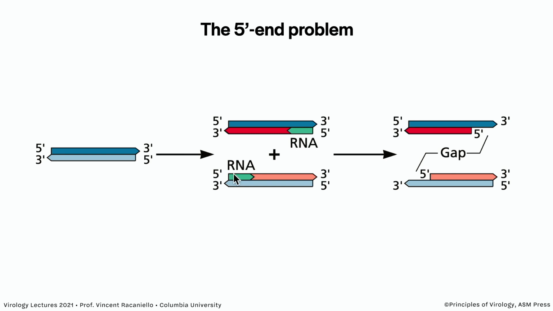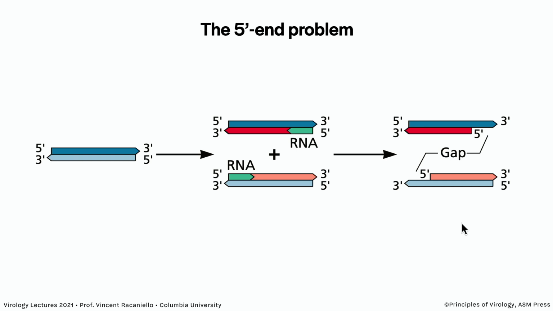That's in green. And you have to remove it because you have to make double-stranded DNA. You can't have bits of RNA around. So when you remove it, now you have a gap. And how can you fill it in? You can't. To fill it in by the polymerase, you'd need a primer, so you'd have to put an RNA primer on, then you'd still have a gap. So you have an issue on both of them. And so that's the 5' end problem.